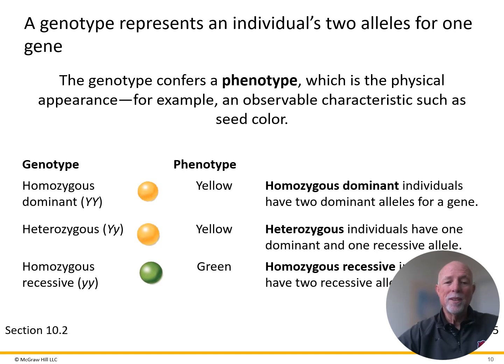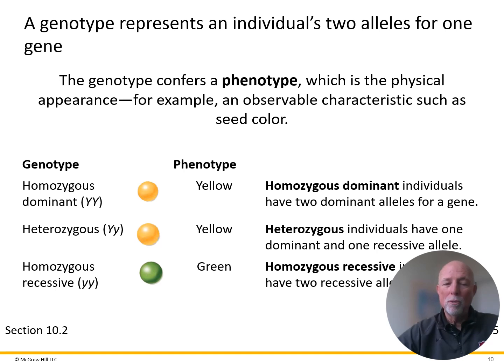But look here, this is a homozygous, homo meaning same, recessive. Lowercase y, lowercase y. In this case, it's the recessive trait of green seeds. Remember, in order for a recessive trait, blonde hair, red hair, to show up, both genes have to be recessive. Homozygous.